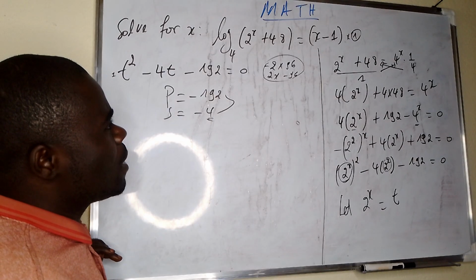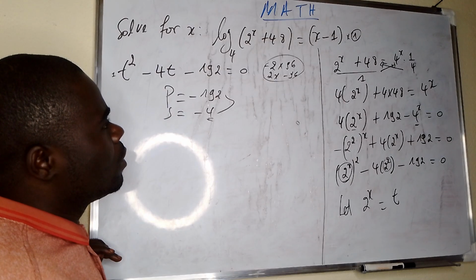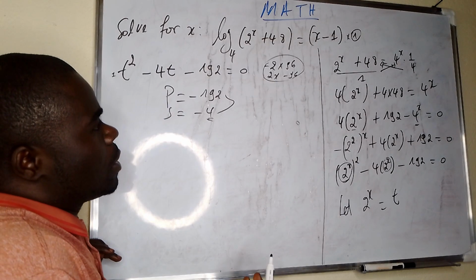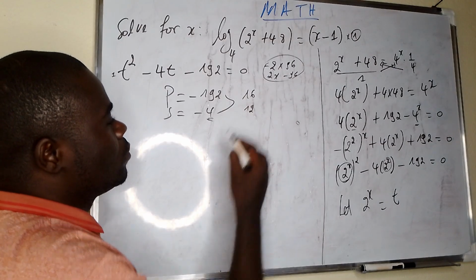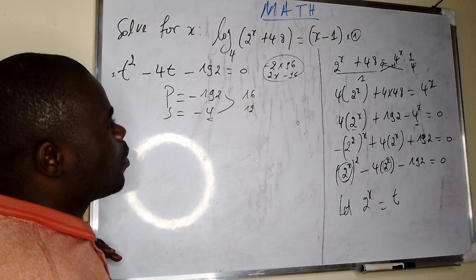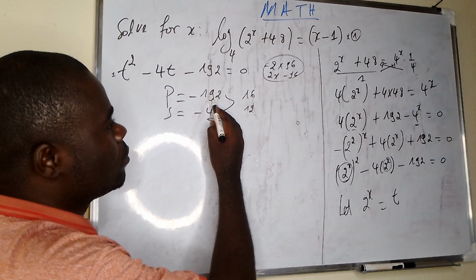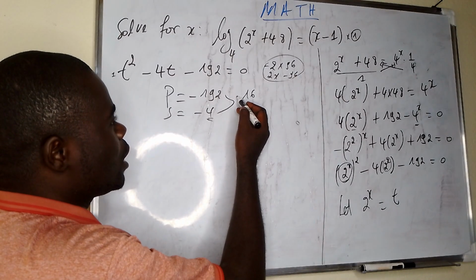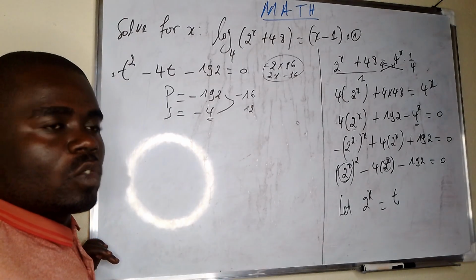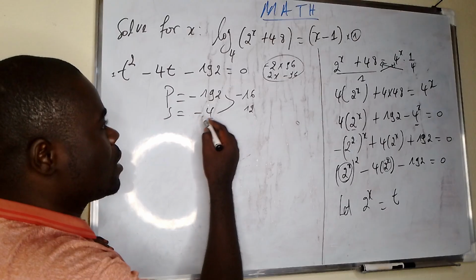When you find the other numbers, we can take 16 and 12. When we multiply this, do we get this? Yes, we get this one. Now we change the sign of one of them so that their sum will be this number.